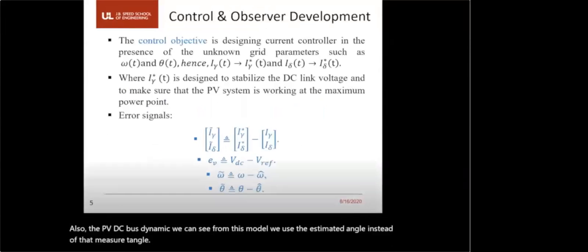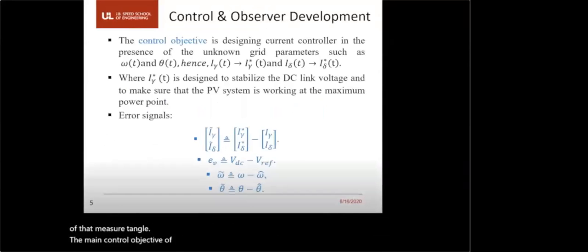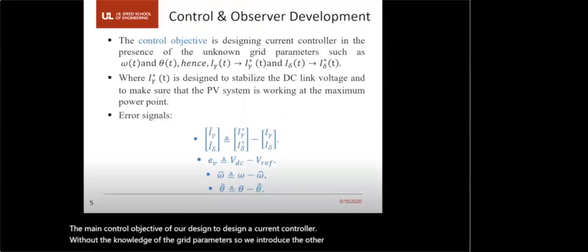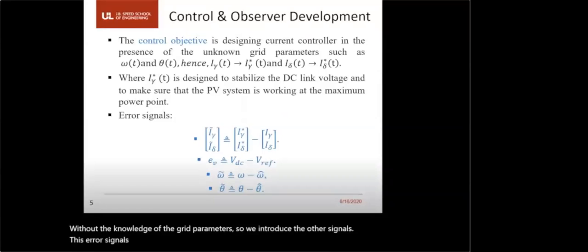The main control objective of our design is to design a current controller without the knowledge of the grid parameters. So we introduce the error signals, these error signals for the current, for the DC bus voltage, and for the angle and the frequency of the grid.